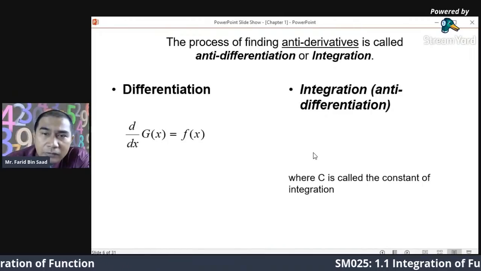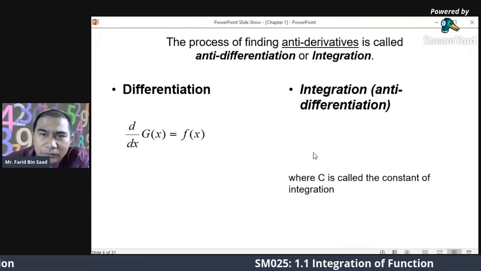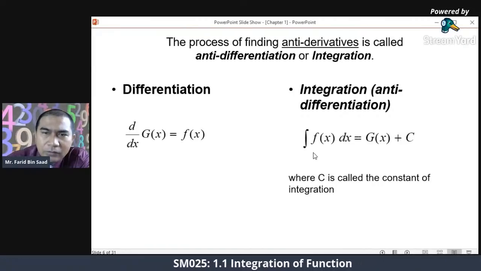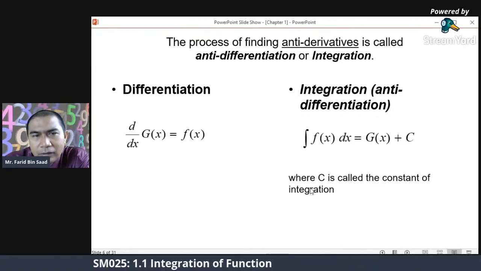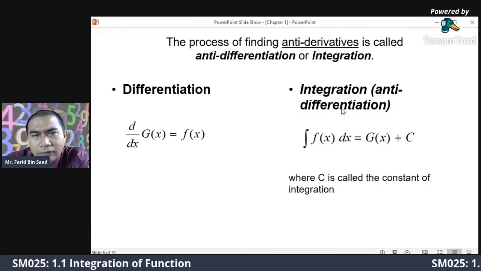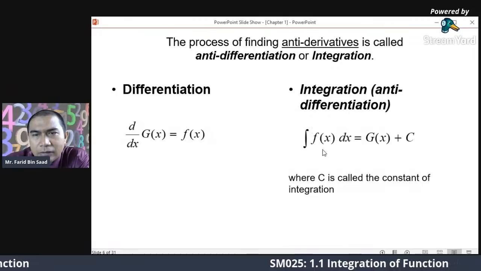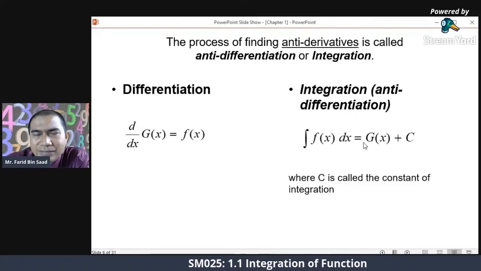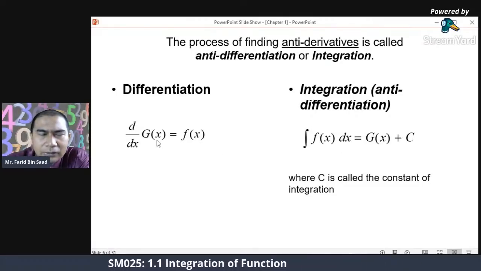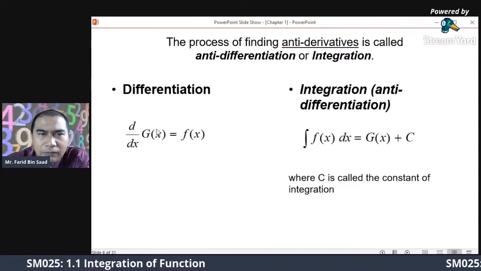But in semester 2, for integration or anti-differentiation, we take the differentiation answer, fx, and integrate it, and we get gx, the original function that we differentiated earlier.